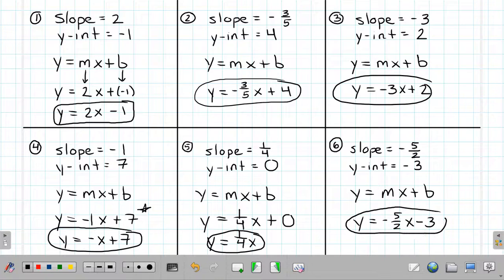That way it saves us from writing down the number, like we did up here, and then having to go back and simplify it. We can just skip and simplify it right away. Okay? So once again, very easy types of questions here: if you know the slope and you know the y-intercept, you pretty much have the equation of a line. You just have to remember the form y equals mx plus b.